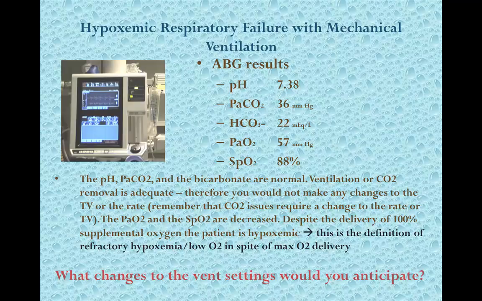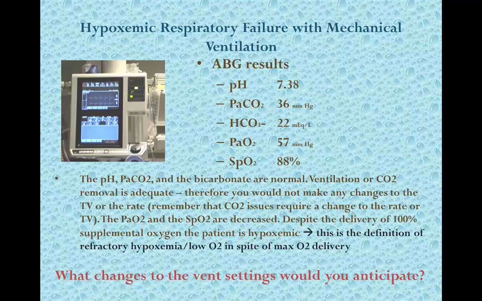However, when you look at the other two values, the PaO2 and the SpO2, we see that the patient is profoundly hypoxemic. Because they are decreased with a delivery of supplemental oxygen of 100%, this is the definition of refractory hypoxemia.